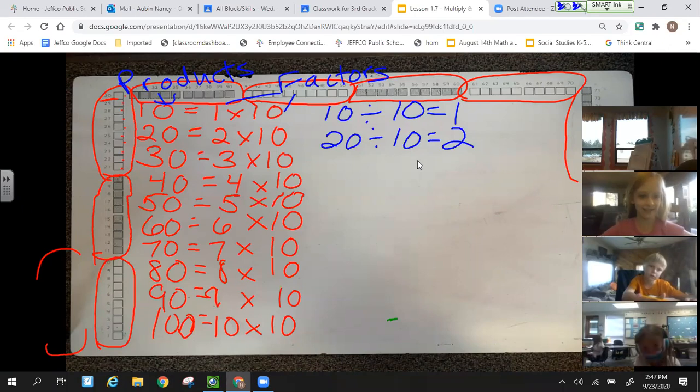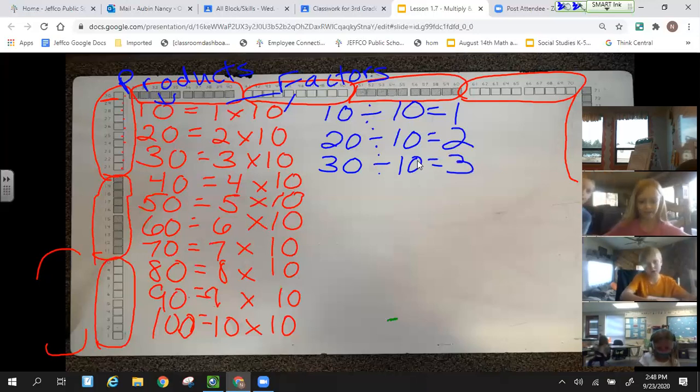If I were to divide up 10 cookies to one person, they'd get 10, right? If I had to divide it up by 10 people, they'd each get 1. If I had to divide 20 cookies by 10 people, they'd each get 2, because I'd be dividing them up. All right, if 30 equals 3 times 10, 30 divided by 10 equals what?